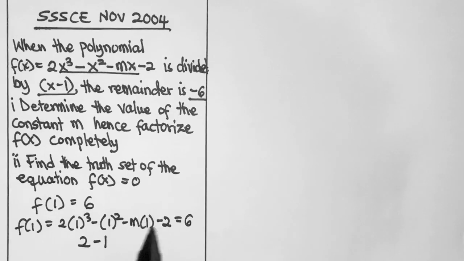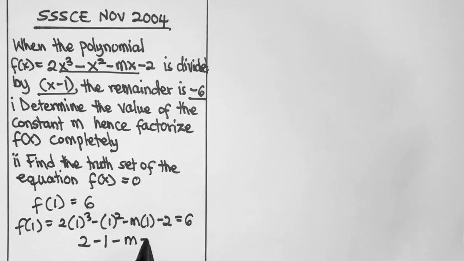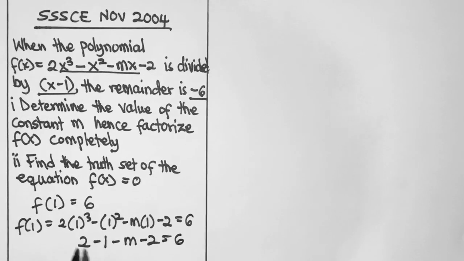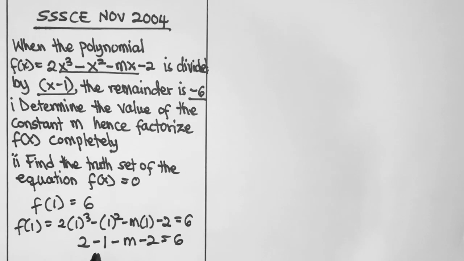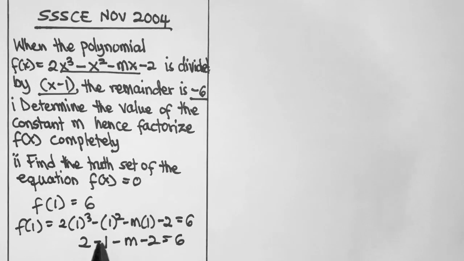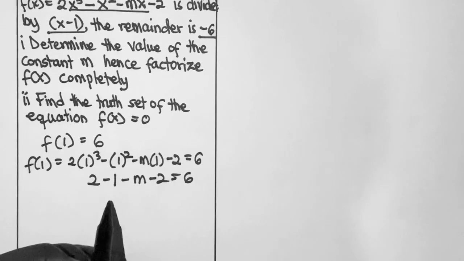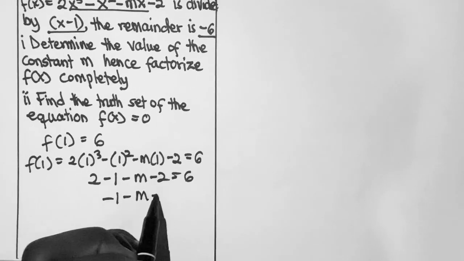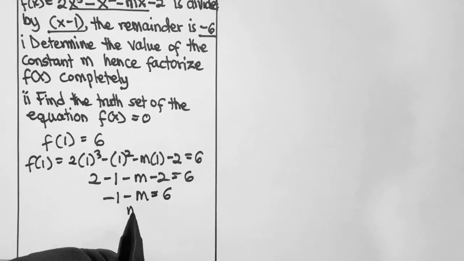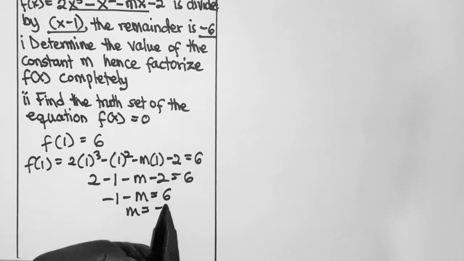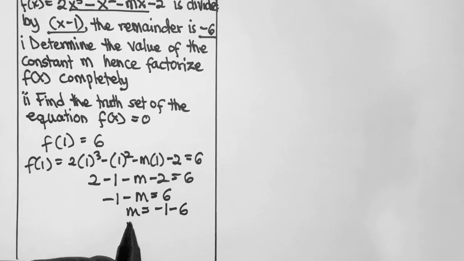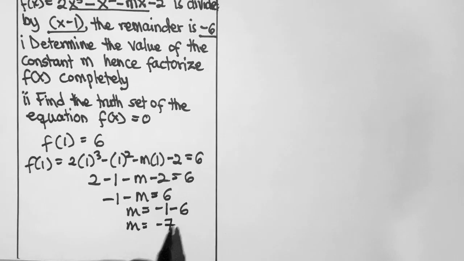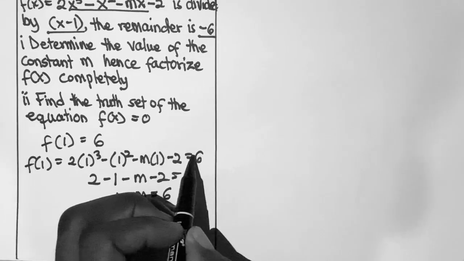Then minus m times 1 is minus m minus 2 equals minus 6. So 2 minus 1 is 1. Then 1 minus 2 is minus 1. So it becomes minus 1 minus m equals minus 6. So m is equal to minus 1, then plus 6, and therefore m is equal to 5. Sorry, here is minus 6.